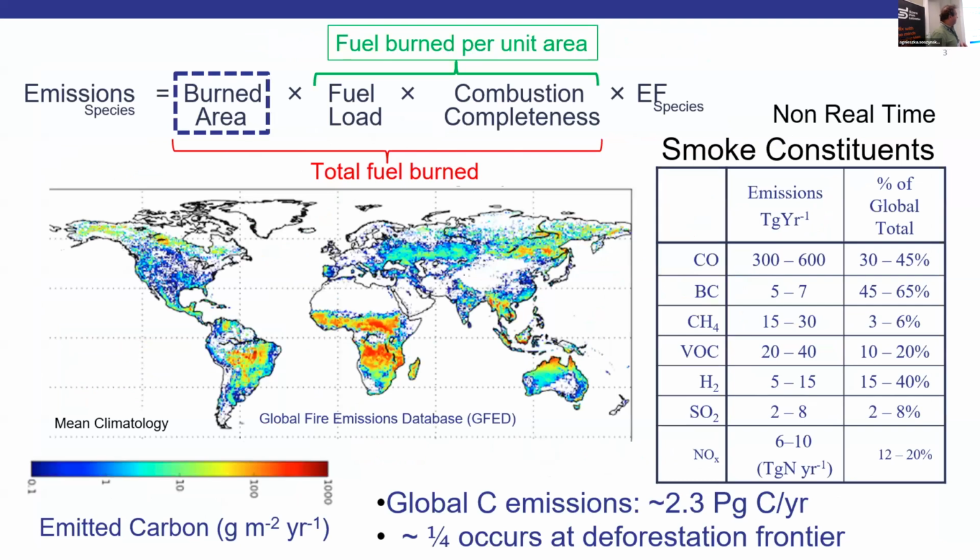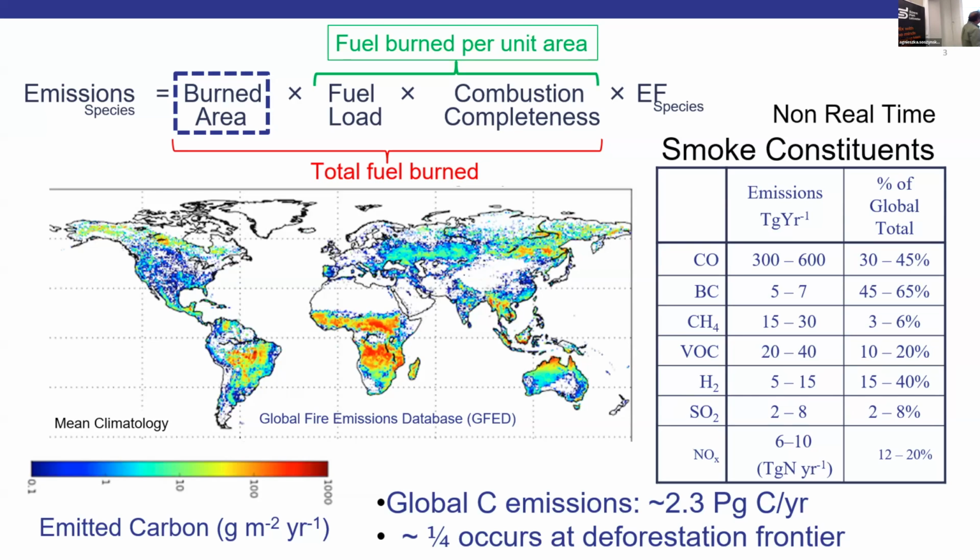In terms of how that data is used, one of the things it's used for is in this type of equation, which basically tells you, if you want to know, for example, how much methane is emitted by fires every year into the atmosphere, what the contribution of that is to the global methane atmospheric increase, multiply this burned area by how much fuel was on the location before it burned, and this mystery combustion completeness parameter, which is basically how much of this fuel load actually went up in smoke.